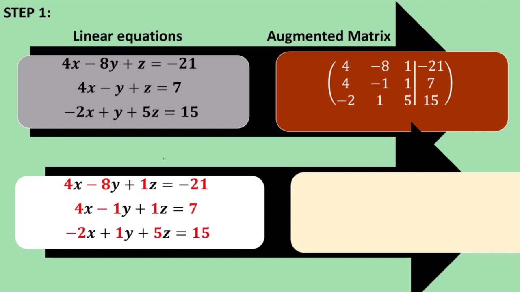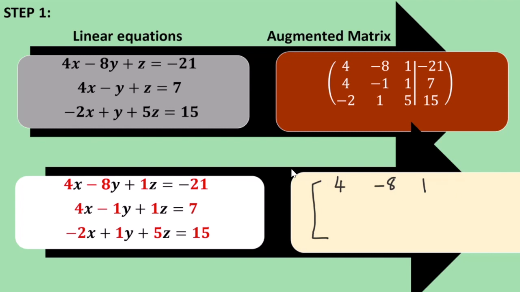So we have a set of linear equations, and to convert the linear system into our augmented matrix, we would only consider the coefficients of the linear equations. So we have here 4, minus 8, and 1 on our left hand side.